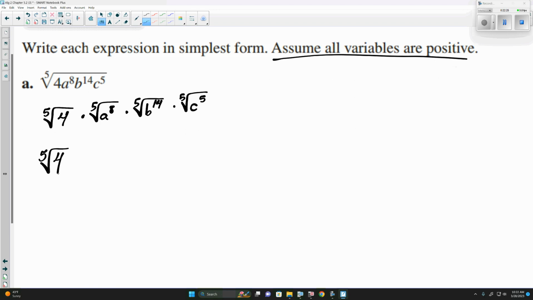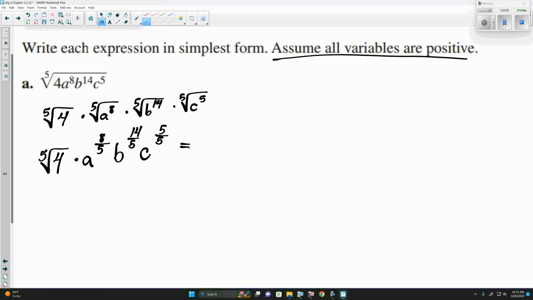Now let's rewrite the rest of these as fractional exponents. A would be to the 8 fifths, B to the 14 fifths, and C would be to the 5/5.